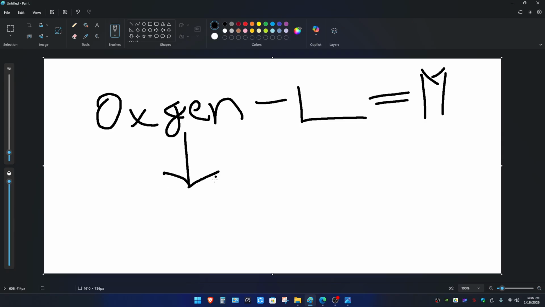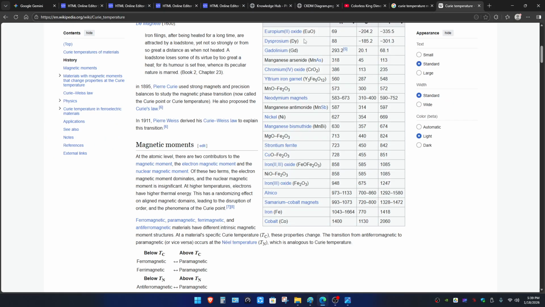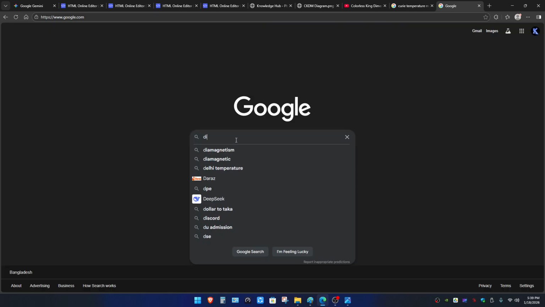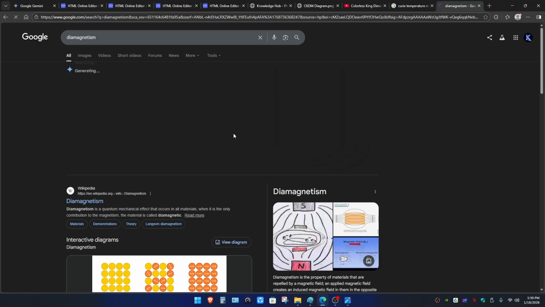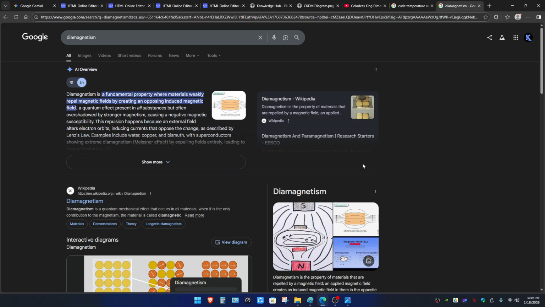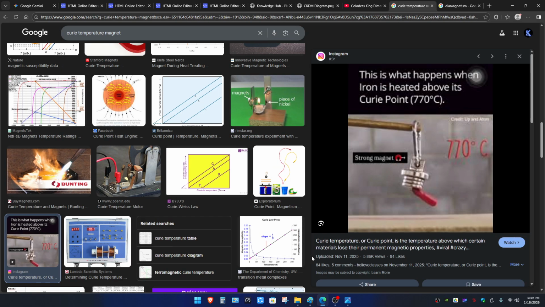But non-liquid, gas oxygen, is the opposite of magnetism, less magnetism, or diamagnetism. Diamagnetism is repelling.